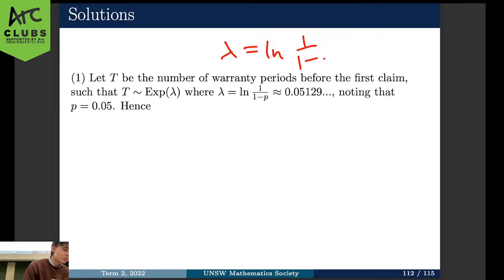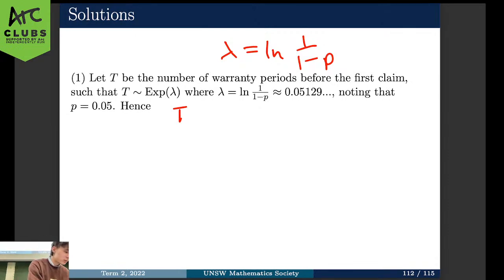What this comes from is looking at the relationship between the exponential distribution and the geometric distribution. I won't derive that now, but it's in the course notes if you want to look at that. But substituting our value of p equal to 0.05, we should get a value of lambda approximately 0.05129. So then t is exponentially distributed with lambda equal to that value.